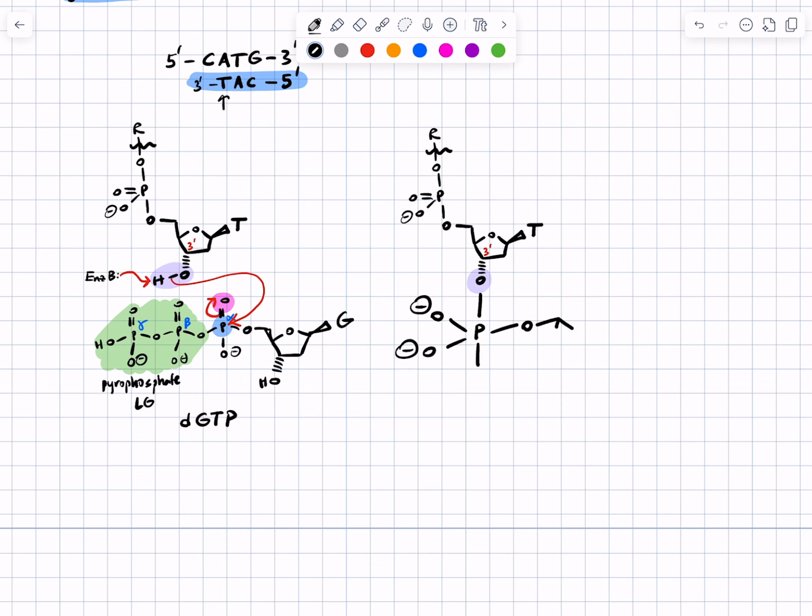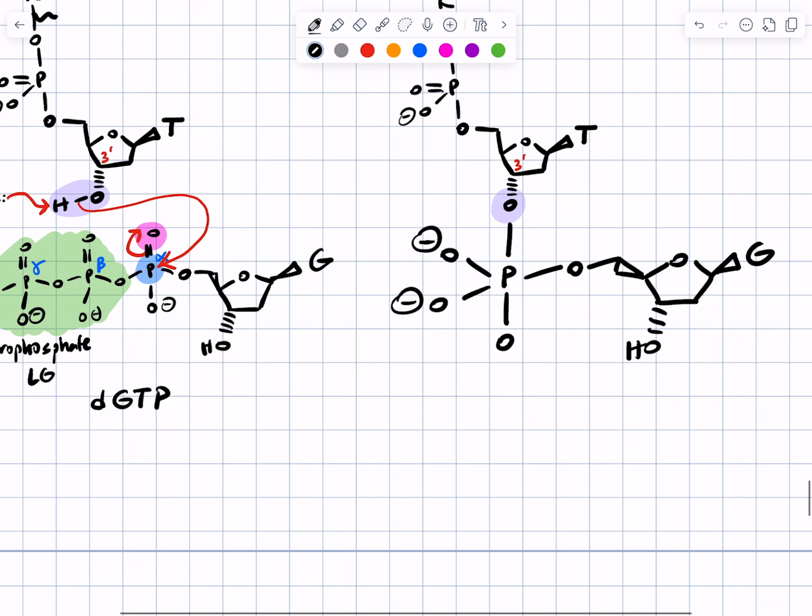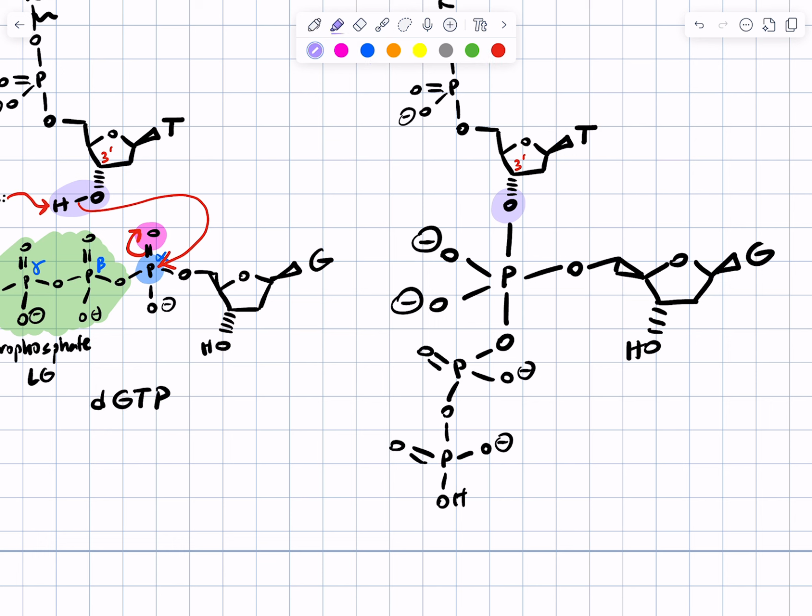One of them is the 5' hydroxyl of the ribose of G, and the other is this pyrophosphate leaving group. So this is the pyrophosphate leaving group. And here's the phosphoryl group, and here's the kicker-off oxygen. In the next step, electrons are going to kick down and kick off the pyrophosphate leaving group.